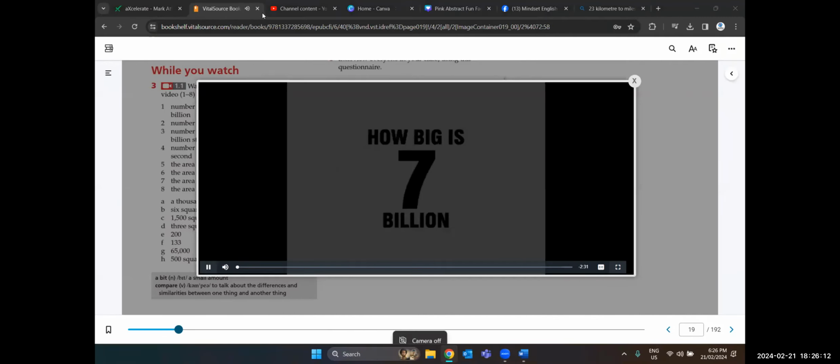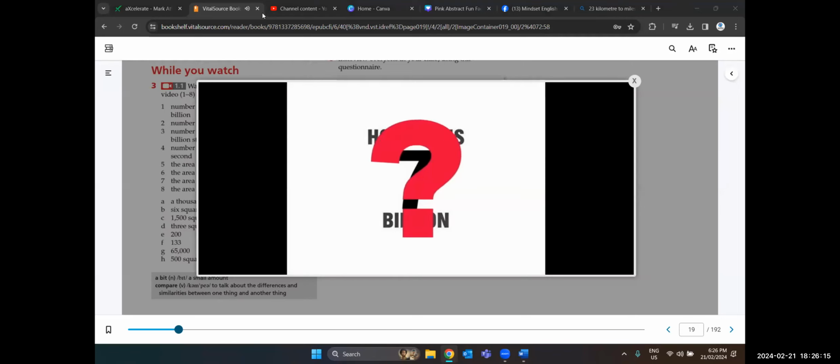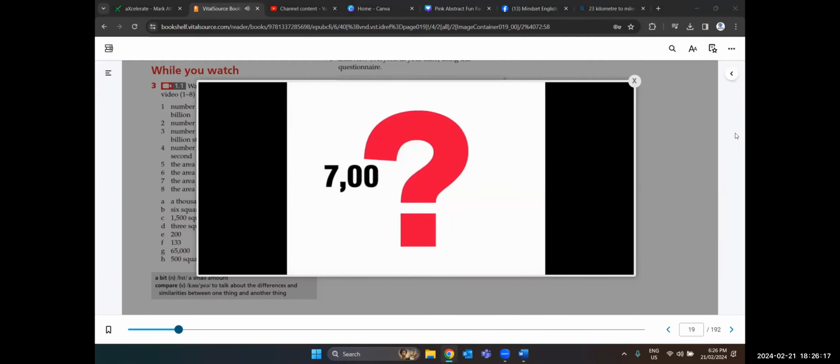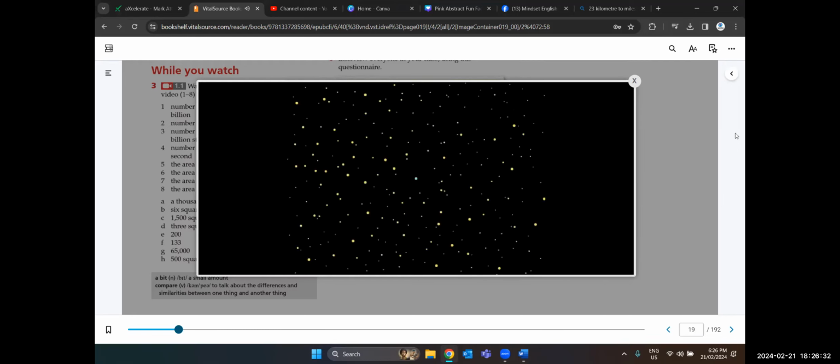There are 7 billion people in the world. But how big is 7 billion? One, two, three, 4. Don't count from 1 to 7 billion. It takes 200 years. There are 7 billion stars.